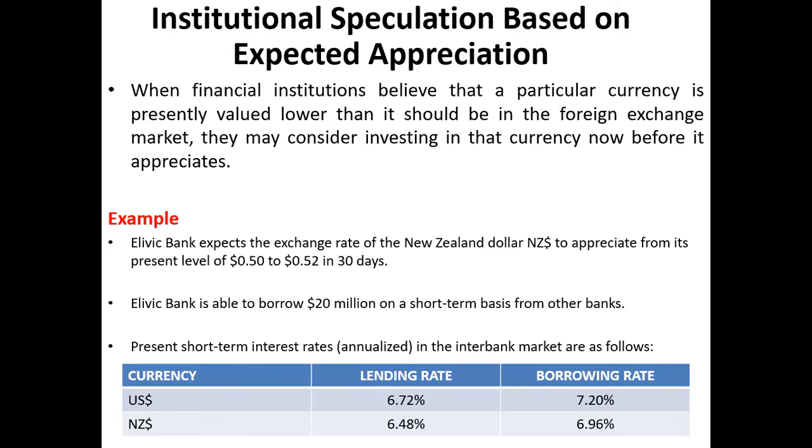We do that because, just look at this scenario. If I expect the cedi to depreciate, maybe in 1 month's time, I'll borrow cedis now, change it to dollars, and go and invest in the US. Because in 1 month's time, if the cedi depreciates and I'm changing the money back to cedis, apart from even gaining on the interest rate of my investment, I'll gain so much money.